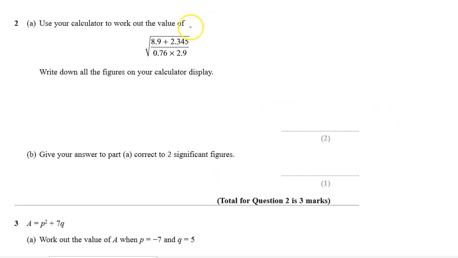Question number 2. Use your calculator to work out the value of root of 8.9 plus 2.345 divided by 0.76 multiplied by 2.9. You have to use the calculator. In the calculator, you use root sign, then first bracket, then second bracket. In the second bracket, you write 8.9 plus 2.345. Close the bracket, sign of division.